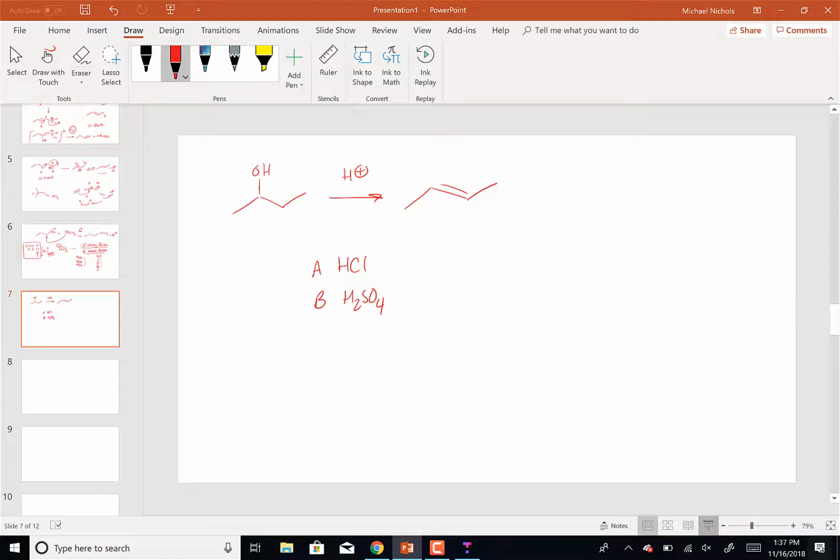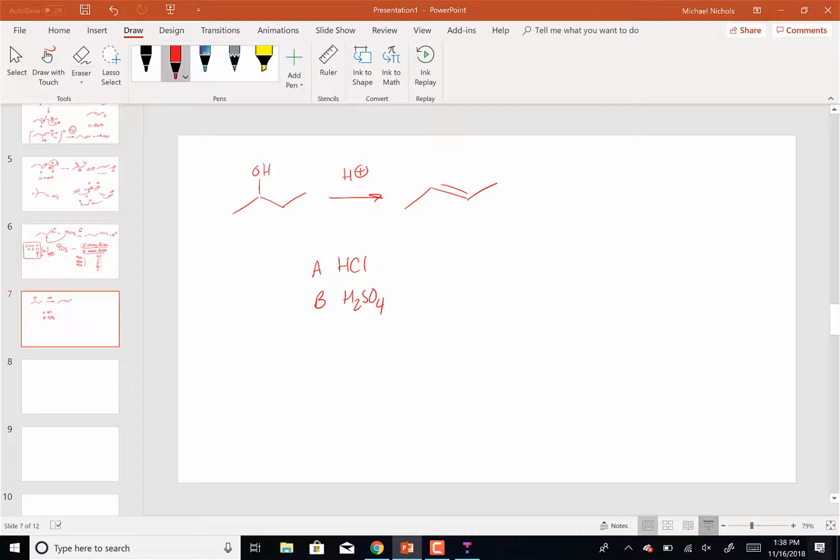Okay, so I need to use an acid that has a stable conjugate base, and if it's stable, then it won't be a strong base. If it's not a strong base, it won't be a strong nucleophile to be able to add to the carbocation.